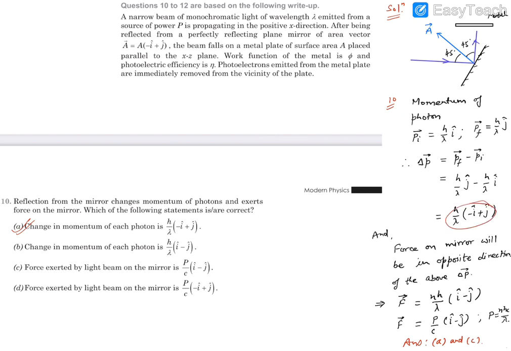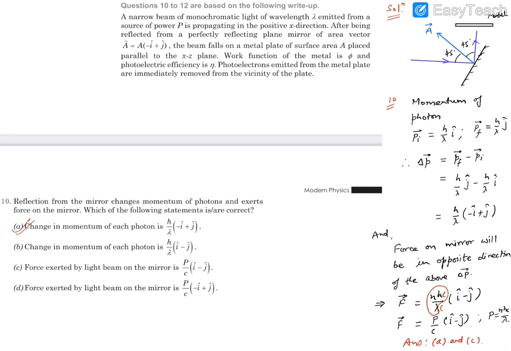I have multiplied by minus 1 as well, so the direction is now i cap minus j cap. So this is n h upon lambda. Now you can multiply by c upstairs and c downstairs. hc by lambda is the energy of one photon, so n h c by lambda is the total energy per unit time.